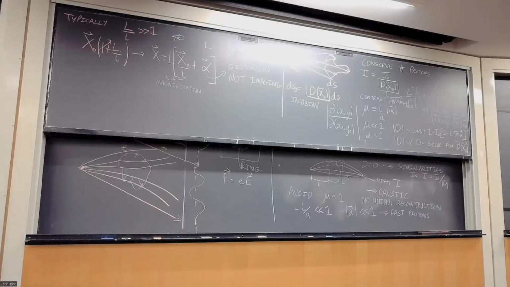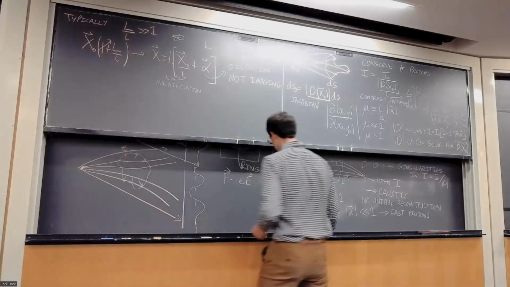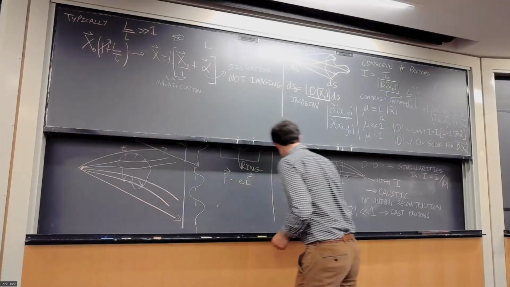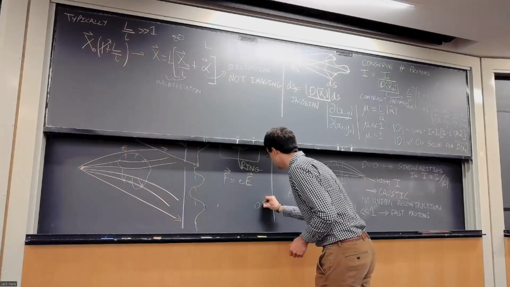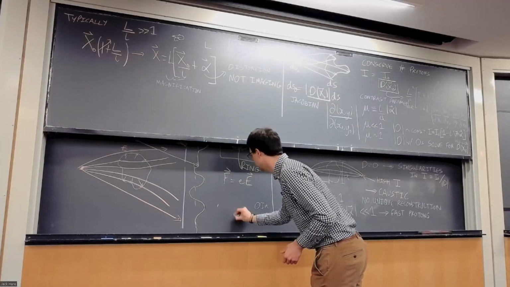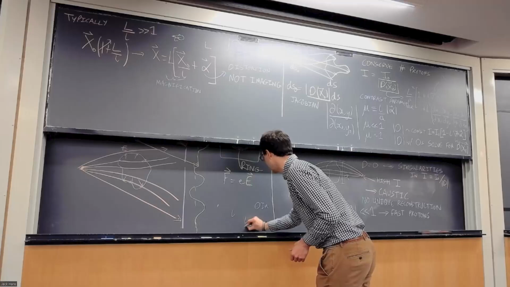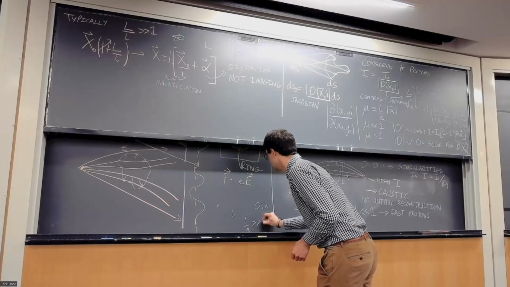If I have a source here and a spherical plasma over here, this is A and this is L, and it's pretty clear that L over A is much greater than 1.